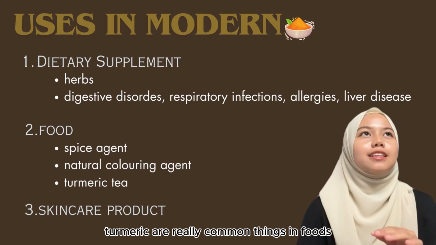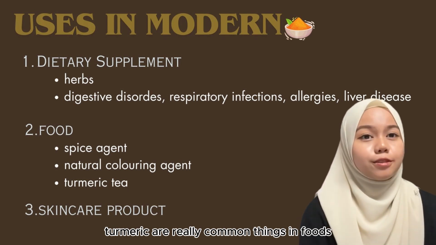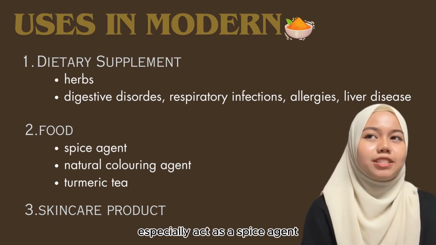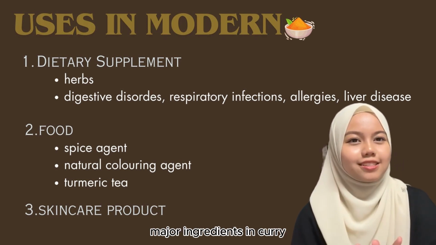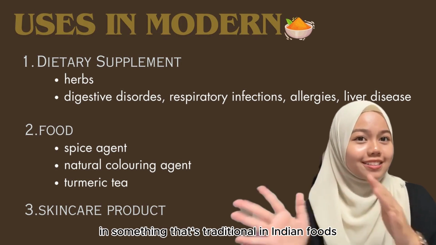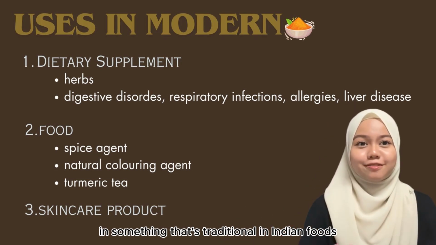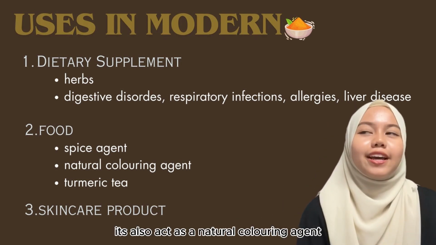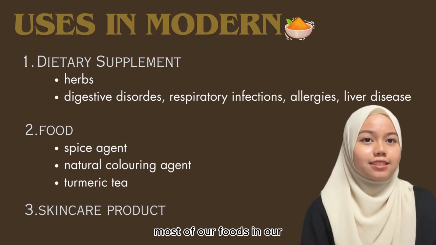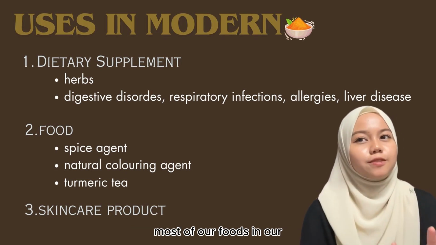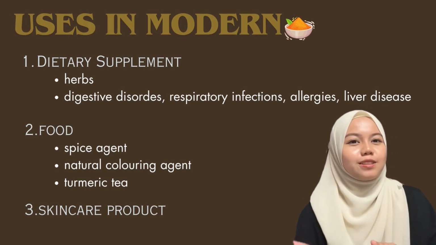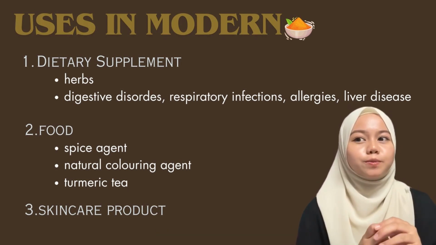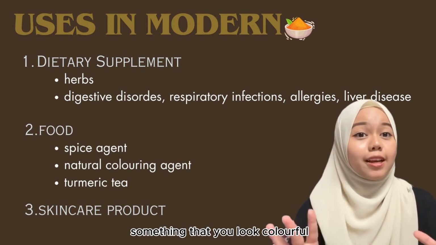Then we have food. Turmeric is really common in foods, especially as a spicy agent, a major ingredient in curry, which is something traditional in Indian foods. It also acts as a natural coloring agent. Most of our Malaysian foods use turmeric to come out yellow, something that has yellow color.